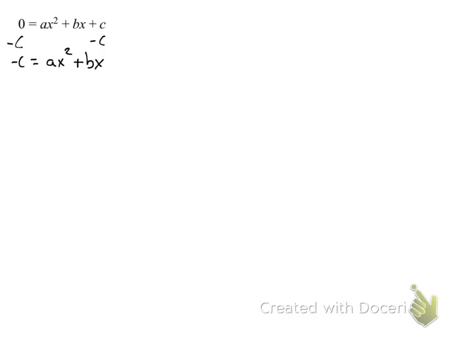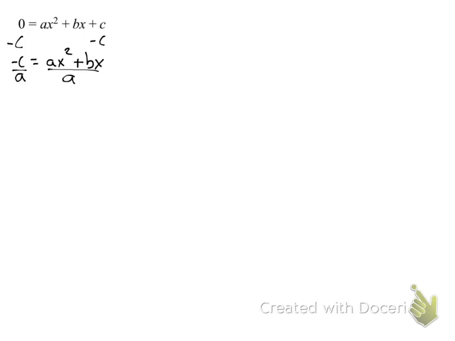And so the only way that I can guarantee that a variable is going to be 1 or not there is to get rid of it. So to get rid of a times x squared, I am going to divide. But what I do to one side, I have to do to the other. So is everybody with me so far?